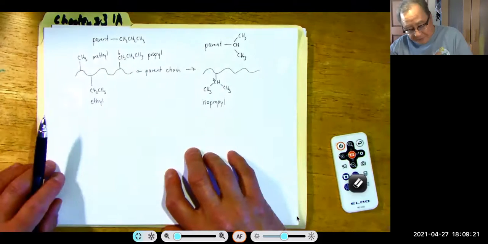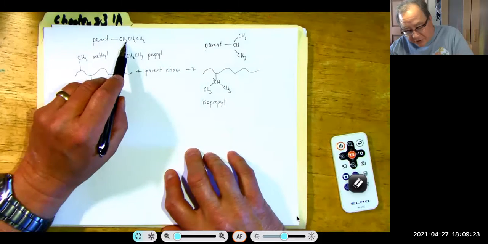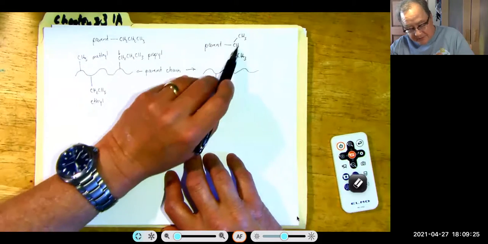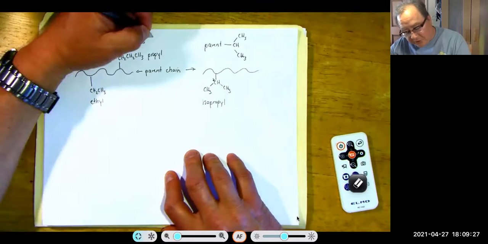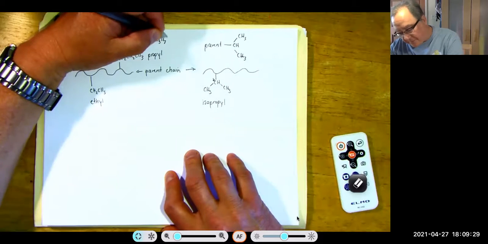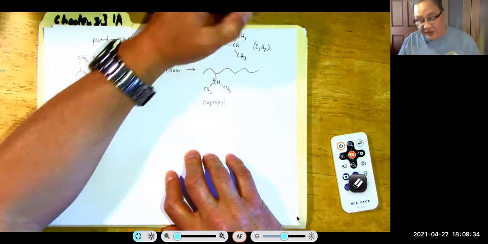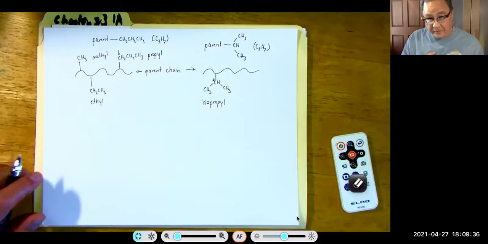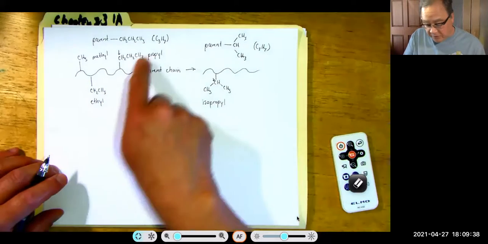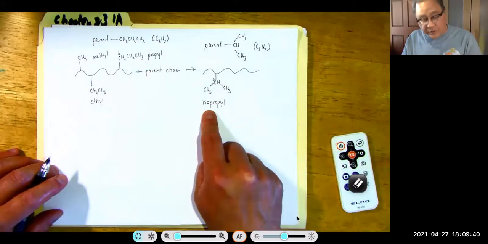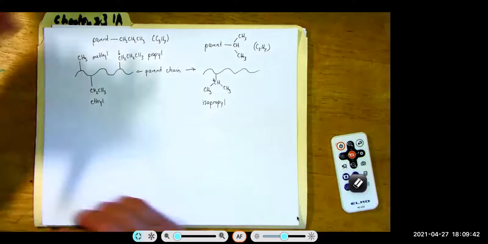Right. And they both have 7 hydrogens. So they're both C3H7. So that makes them isomers of one another. So if we call this one propyl, a very good name for this one is isopropyl. Okay.